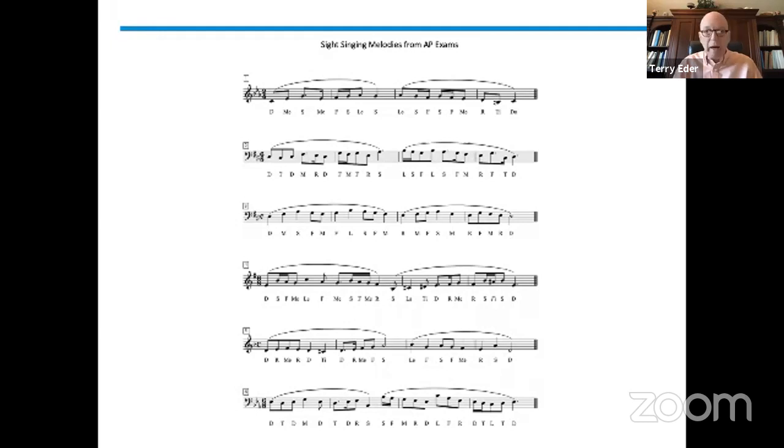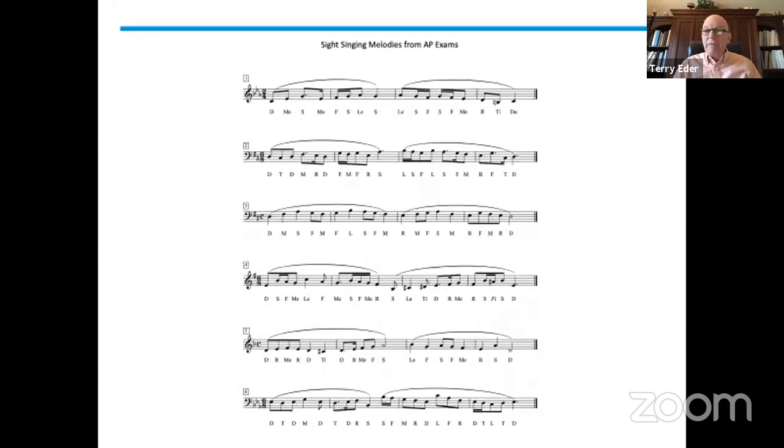Sometimes you might want to just play the pitches: Do, me, so, me, fa, sol, le, fa, sol, le, so, le, so, fa, me, re, ti, do. If you're just trying to find what the pitches are, but then, you know, 1 and 2, 1 e and 2, 1 and 2 e and 1 and 2. Use your system, whatever it takes to do that.